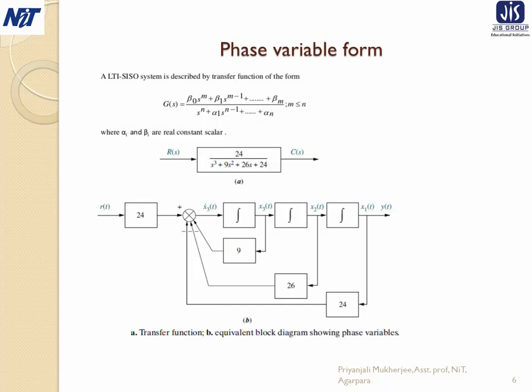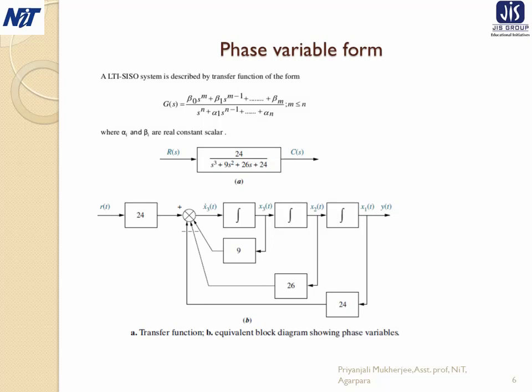G(s) equals beta 0 s to the power m plus beta 1 s to the power m minus 1 plus up to beta m, divided by s to the power n plus a1 s to the power n minus 1 plus up to a n, where these alpha and beta may be real constant scalar factors. Here R(s) is the Laplace transform of the input and C(s) is the Laplace transform of the output.